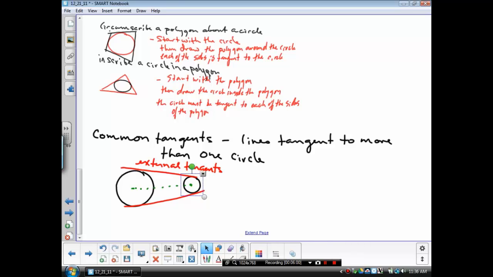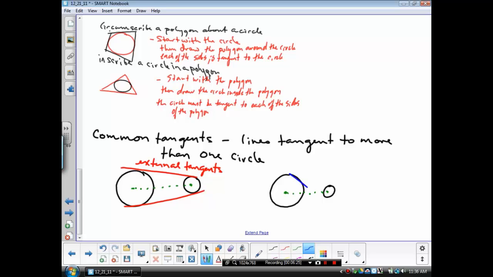Now, if I have internal tangents, they will cross the line that connects the centers. So, what would an internal tangent that's a common tangent look like for these two circles?